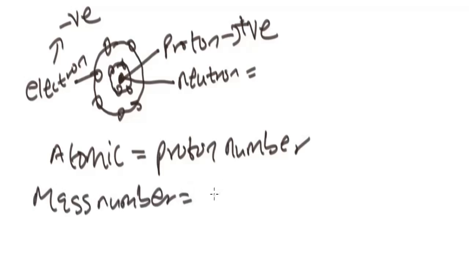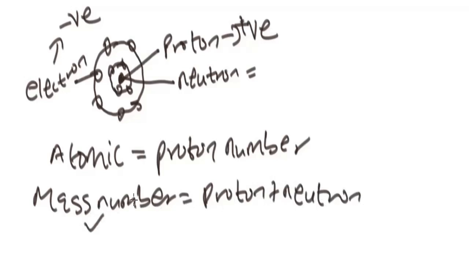Mass number is the total sum of the proton and the neutron in the nucleus of an atom of an element. So, proton number plus neutron number will give us mass number. So it's important to take note of these basic definitions. It will help you in the long run.